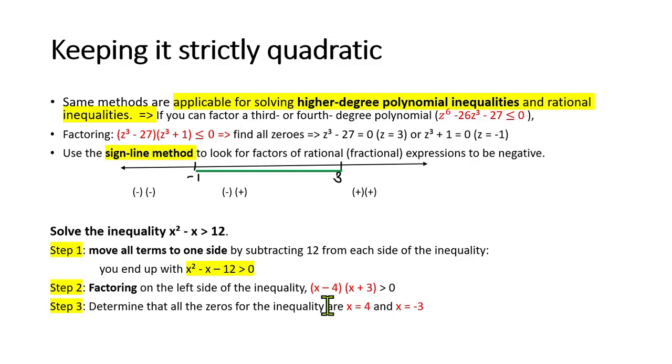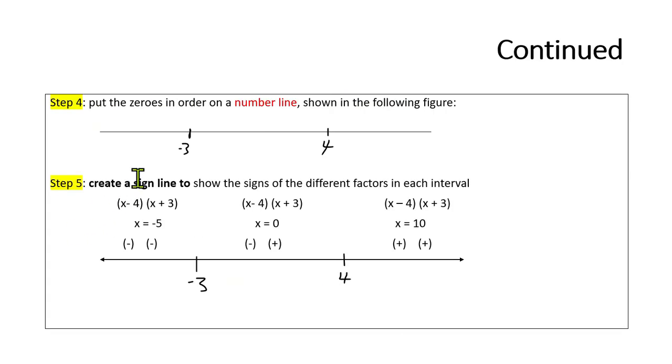For each term, set it to 0: x equals 4, and for the second term, x equals minus 3. Put the zeros on a number line, minus 3 and 4, and then create a sign line.